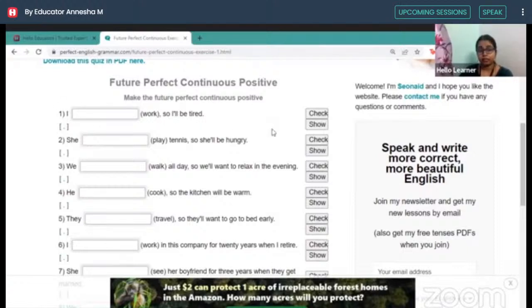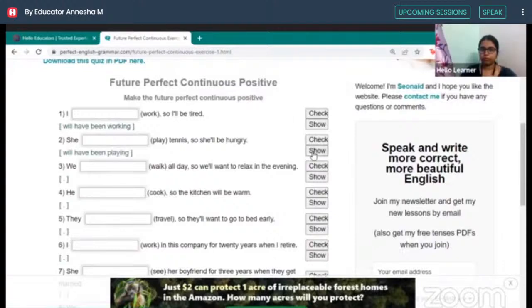I will have been working, so I will be tired. Absolutely correct. Very good, Z. Thank you so much. After Z, we have Vishwanath. Vishwanath, would you like to try? She will have been playing tennis, so she will be hungry.